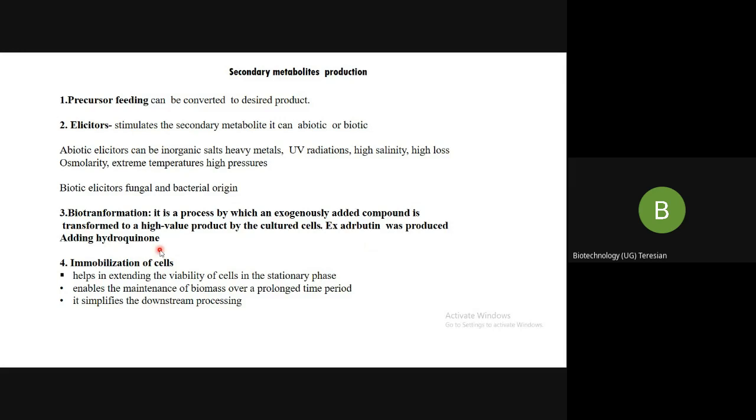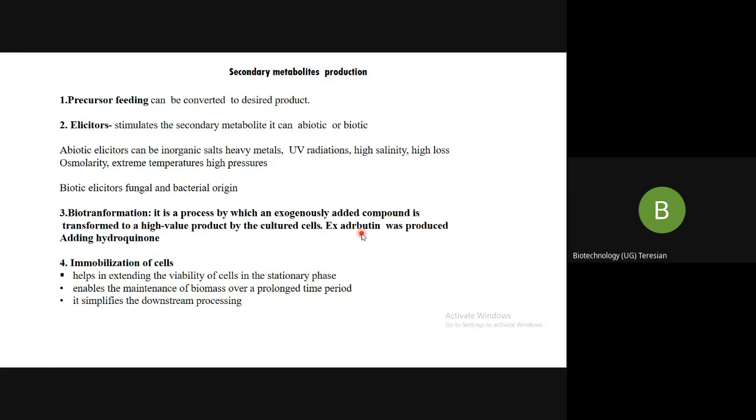So when they added, they found that the cells were able to produce this arbutin, and this arbutin has very important economical properties because it is extensively used in cosmetic creams and it is used as a skin lightening agent.